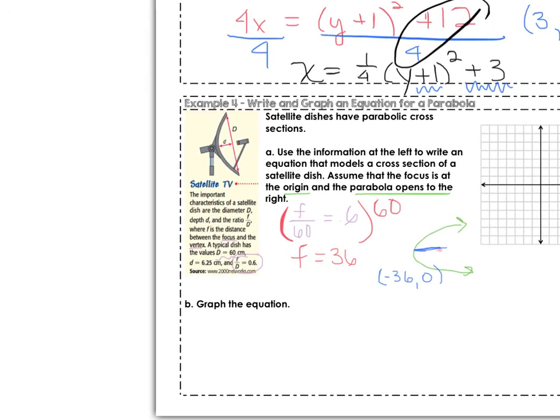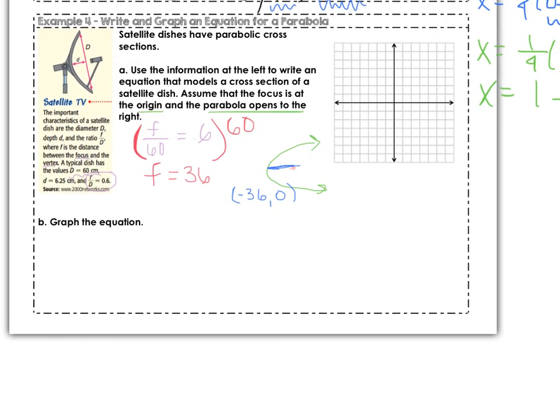Now, another piece of information that we need to write an equation is our value for a. So something that we can use to help us write our equation is the equation for the x-coordinate of the focus. The x-coordinate of my focus is found by h plus 1 over 4a. Now, this is only true for horizontal parabolas, okay?